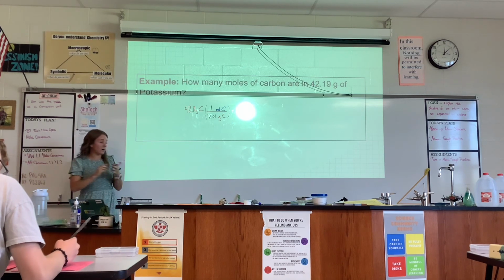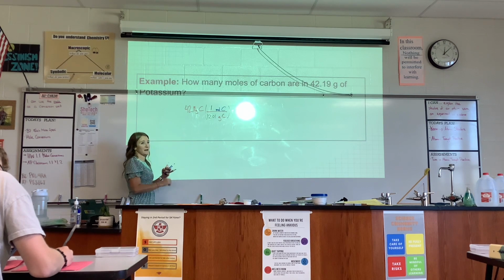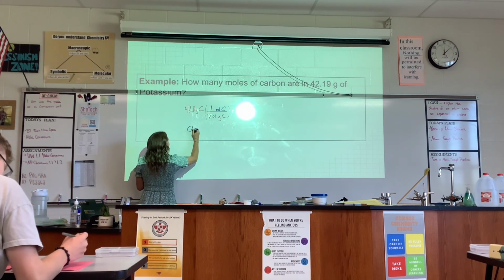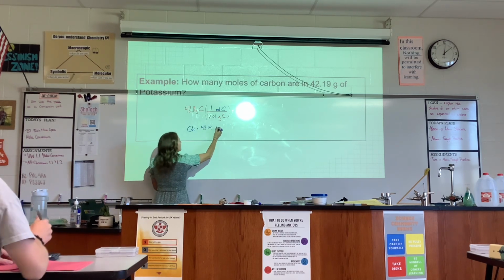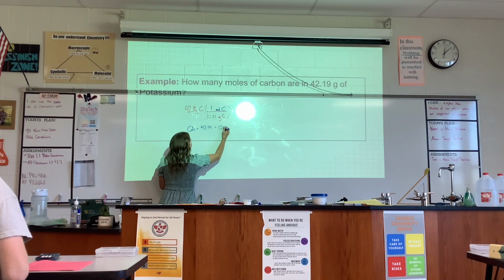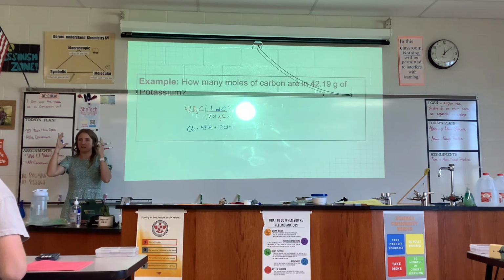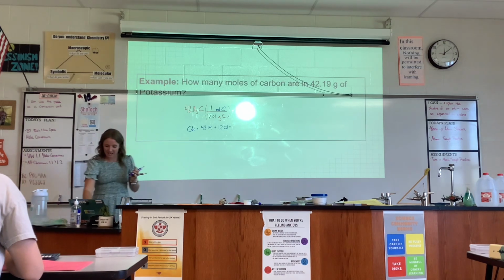Now, calculator-wise, because this is on the bottom of the fraction, you're dividing by it. So I'd do 42.19 divided by 12.01, which is how I would choose to type it in rather than typing in a fraction of 1 over 12.01. Questions on my setup or where things came from?